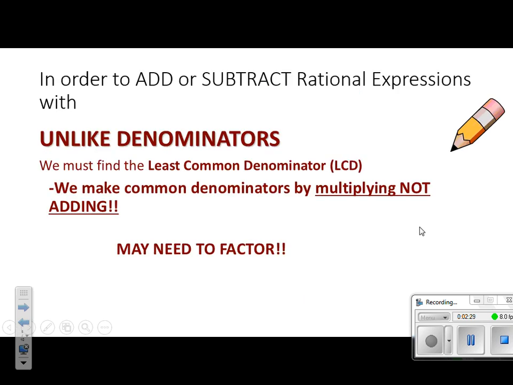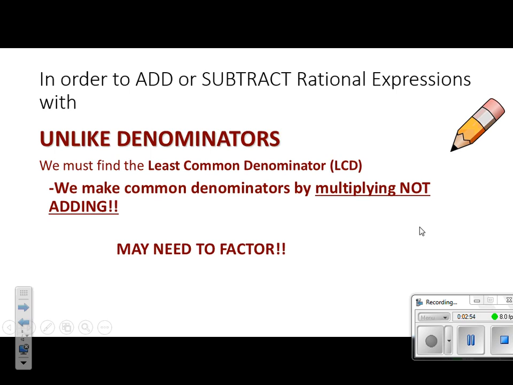All right. Now, in order to add or subtract rational expressions with unlike denominators, and we're talking about not just numbers, but numbers and x's, we have to find the least common denominator. Not just any denominator you want, but the least common denominator.